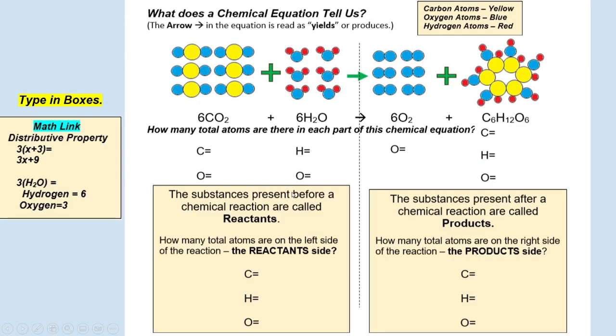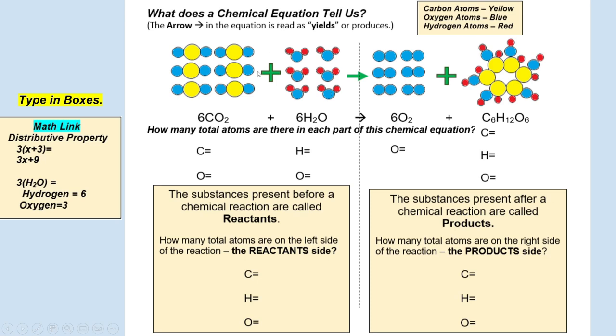All right, so what does a chemical equation tell us? Your arrow here represents that a reaction has occurred or is occurring. It reads as yields or produces. I prefer to say produces.